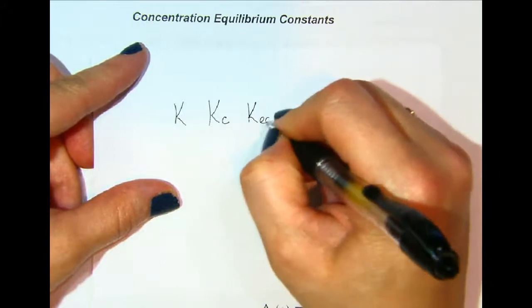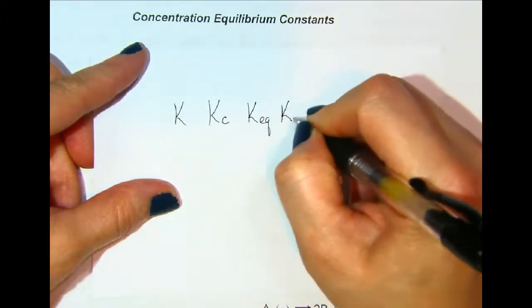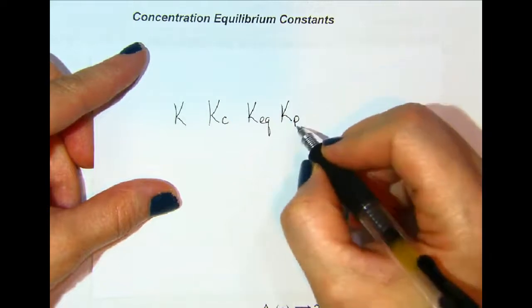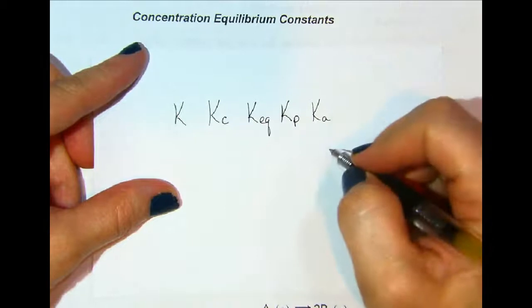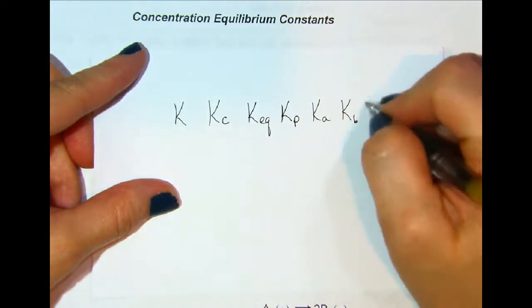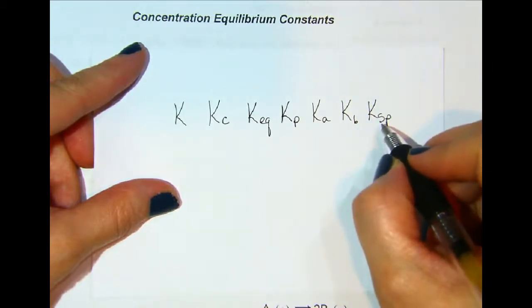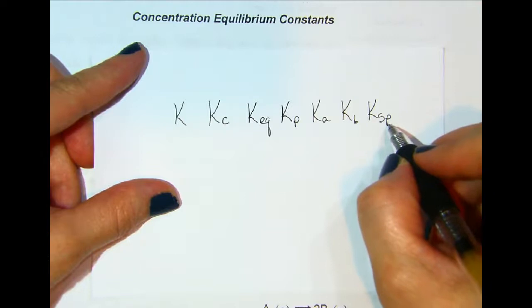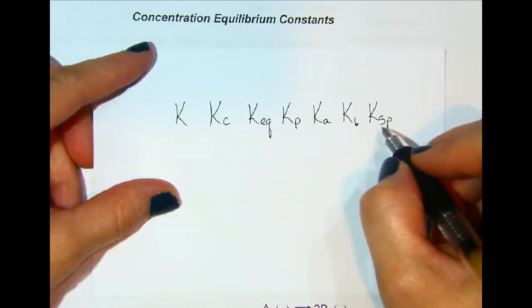You might see Keq, which just means equilibrium constant. You might see Kp, which is equilibrium with pressures. Ka, equilibrium with acids. Kb, equilibrium for bases. And Ksp, which stands for the solubility product, which means equilibrium of a solution with an insoluble compound.